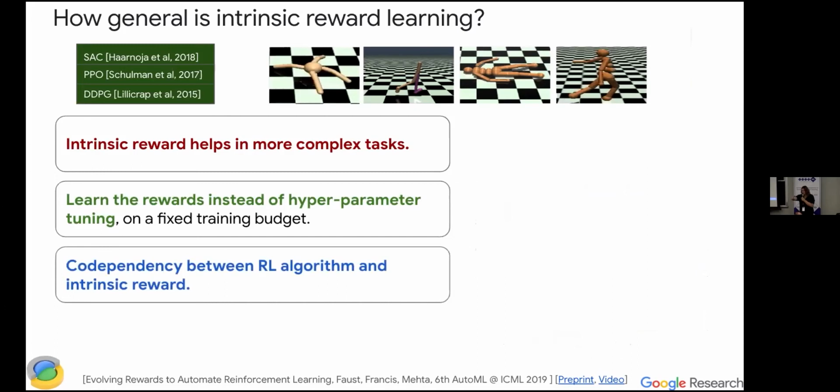If we just went with intrinsic rewards as a reparameterization of that, depending on the algorithm we're using, one works better for PPO, the other for soft actor critic, and so on. And basically we're hypothesizing that intrinsic reward helps shape the landscape of the learning loss function and helps it learn faster.